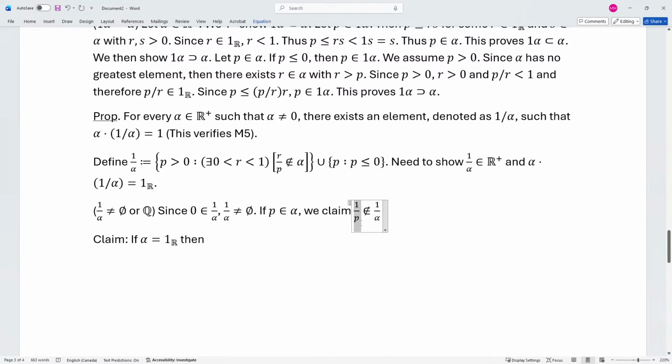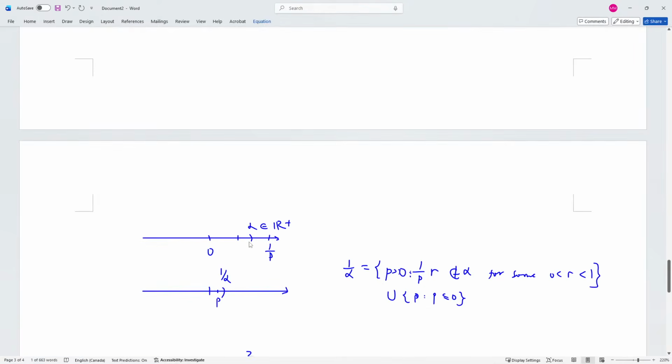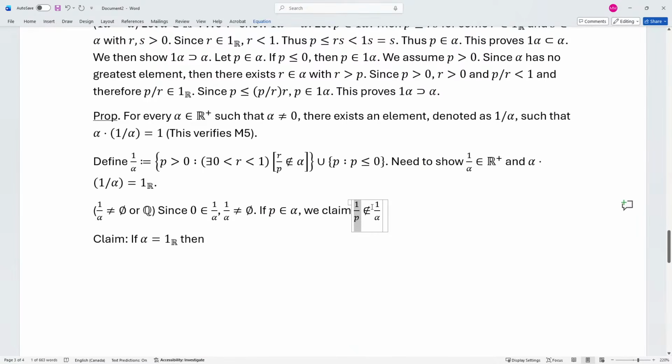So how do we show that? Well, P is in alpha, let's say P is here. 1 over P is not in alpha. Suppose for a contradiction that 1 over P is in 1 over alpha.